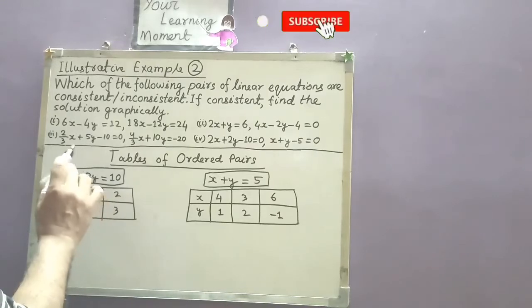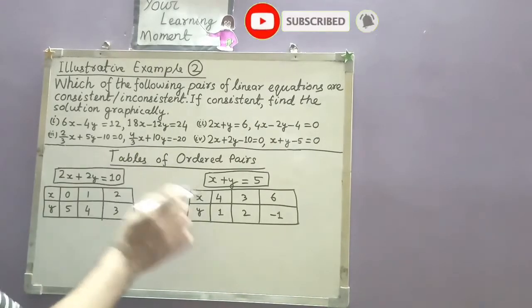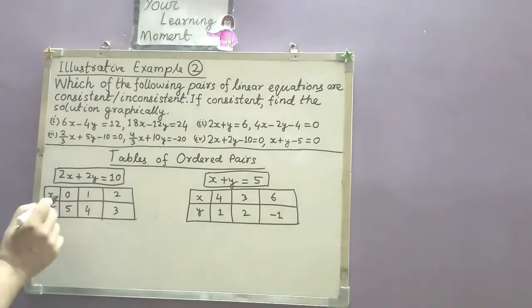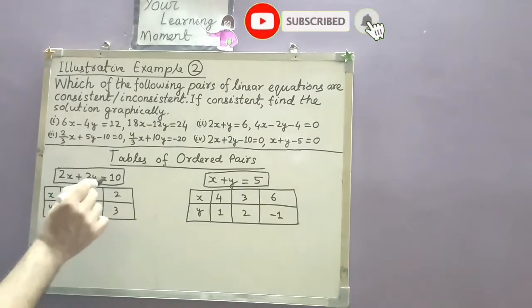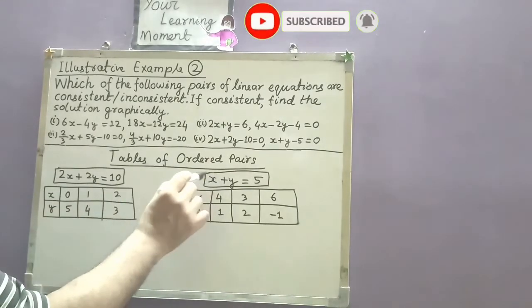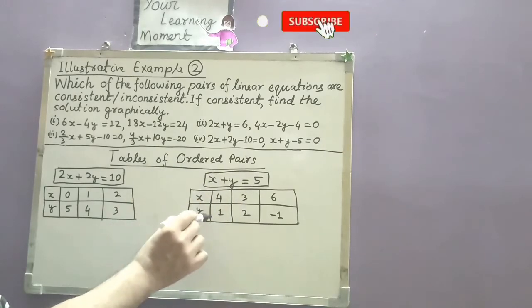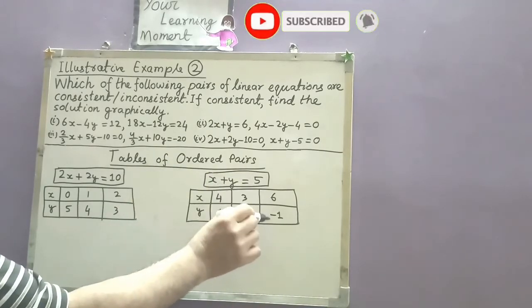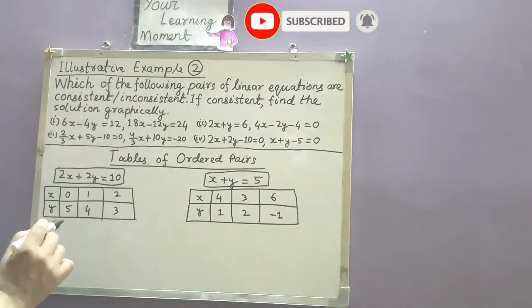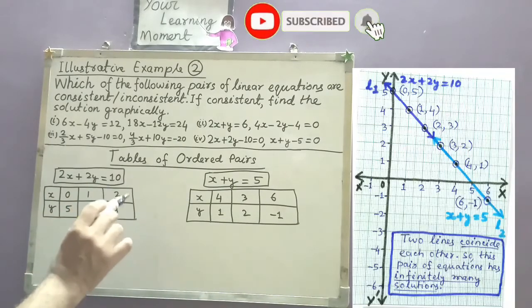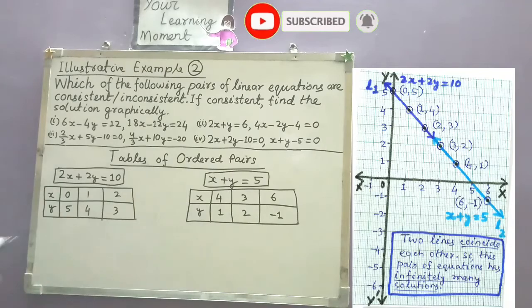First make the ordered pairs of this pair of equations. For 2x plus 2y equal to 10, ordered pairs are 0, 5, 1, 4, 2, 3. For the equation x plus y equal to 5, the ordered pairs are 4, 1, 3, 2 and 6, minus 1. Now plot these points on a graph paper to get the required graph.